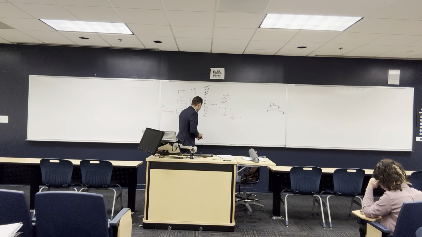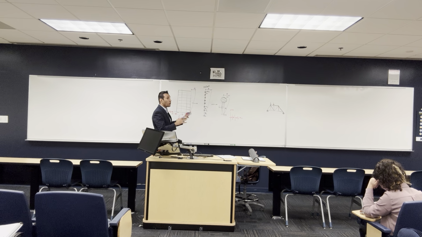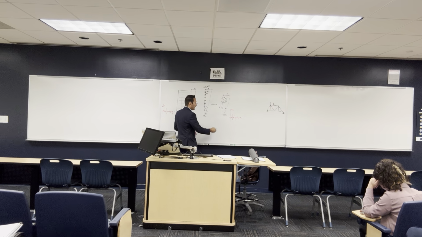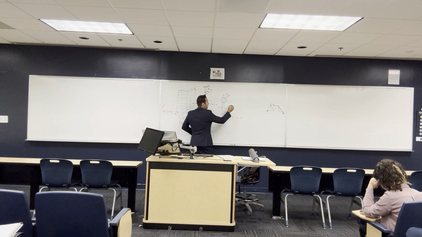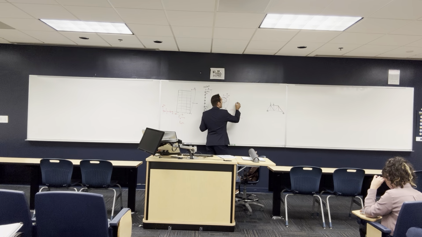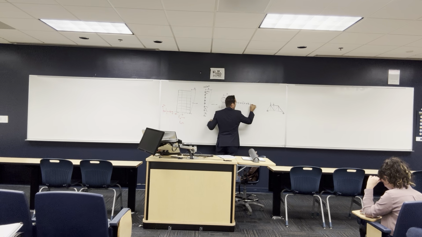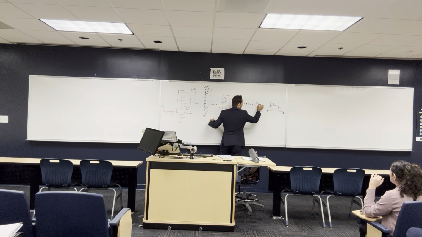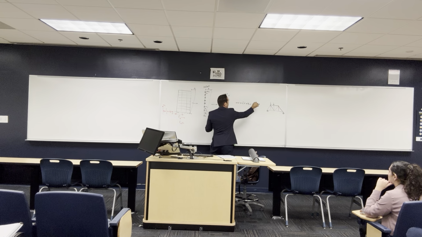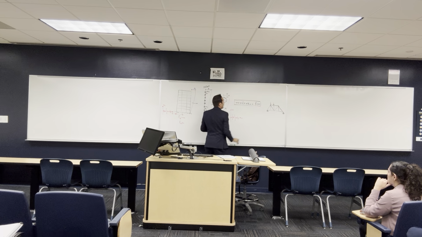So I showed you how the dynamic equation of this structure looks. We found out that the dynamic equation is something like this: m u double dot plus c u dot plus k u equal to f(t). We drew the free body diagram, and we found this equation.